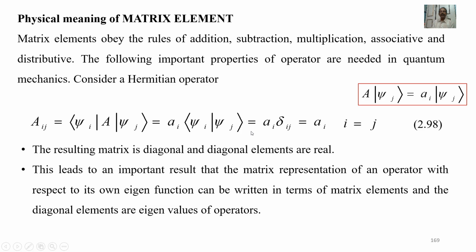The resulting matrix is diagonal because i equals j, only diagonal elements exist, and they are real because we have taken Hermitian operators. This leads to an important result: the matrix representation of an operator with respect to its own eigenfunctions is diagonal, and the diagonal elements are the eigenvalues of the operator.